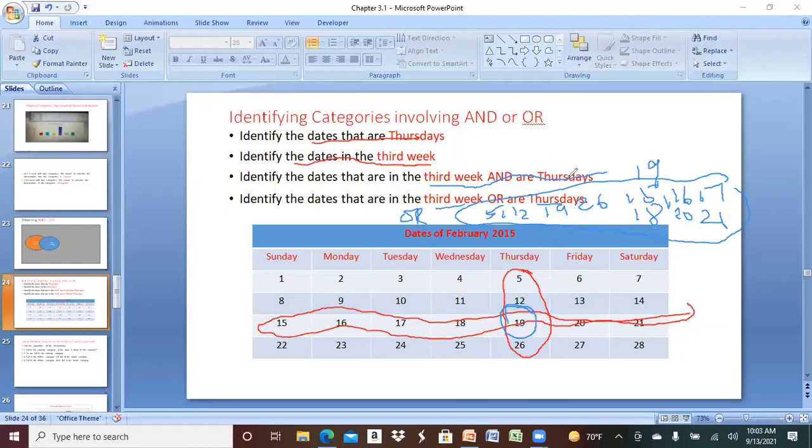And third week and Thursday is the common, that is 19. That is different from "or", and all that is all together. Any question about anything until this one?